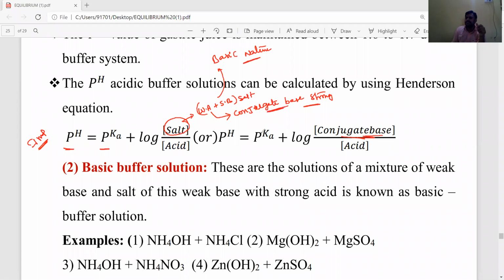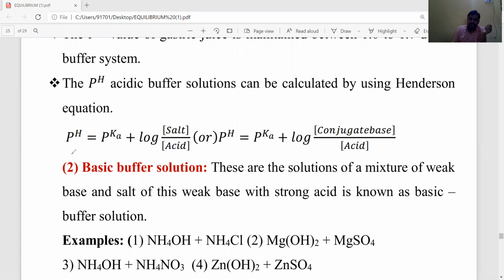So once again remember, the acidic buffer solution's pH equals pKa plus log concentration of salt by acid, or pH equals pKa plus log concentration of conjugate base by concentration of acid. Okay, next.